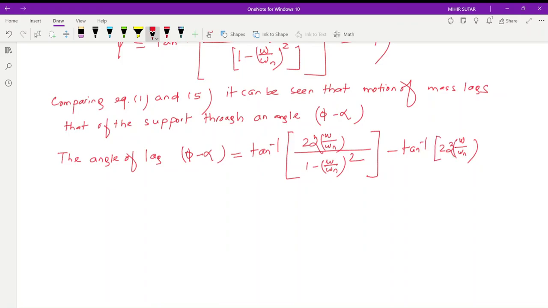Okay, this is equation 8. It's the total angle of lag phi minus alpha.